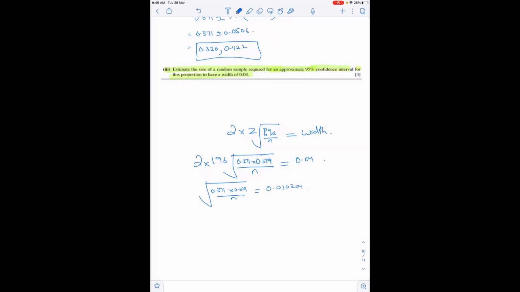Squaring this number gives 1.0412. Okay, I'm multiplying 0.371 by 0.629 now, which is giving me 0.233. Cross multiplying, 1.0412 n equals 0.233 divided by 1.0412.